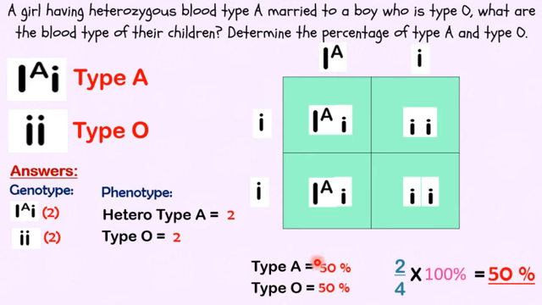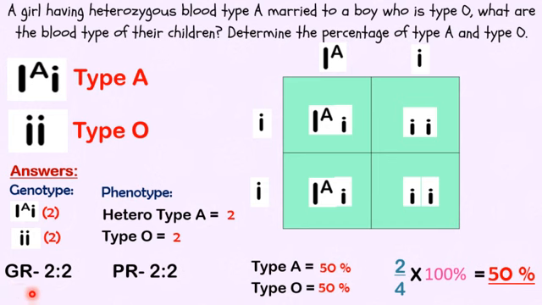That is the way we got 50%. And for the type O, the same process. We have 2 type O divided by the total number of offspring, which is 4, multiplied by 100% is equal to 50%.